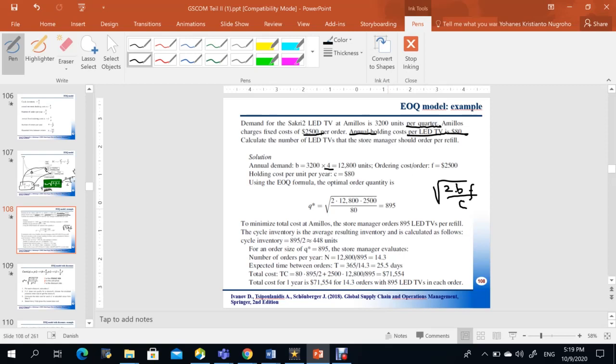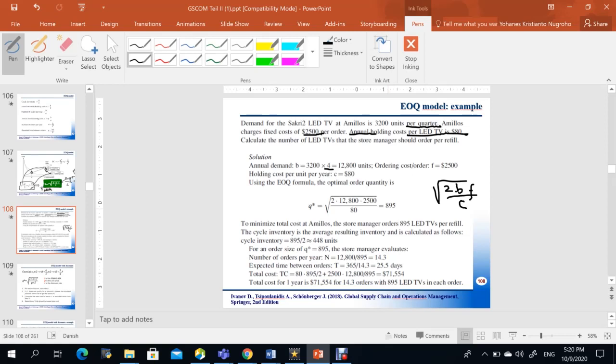And then we have 14.3. It can be 15 orders a year. And then expected time between orders is 365 days divided by 14.3 equals 25.5 days. So every 25.5 days, the company will make a new order.